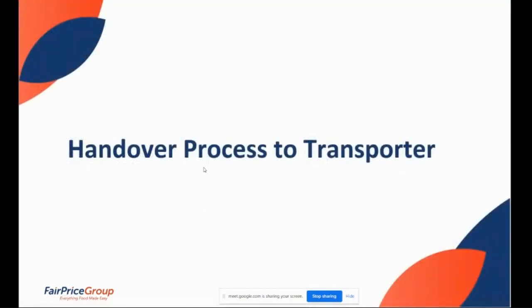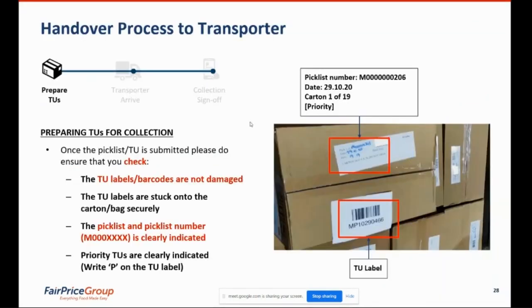So now I'll be talking briefly about the handover process to the transporters. So some things to take note of when you're preparing your TUs for collection. Do make sure that the TU labels and barcodes are not damaged. Do make sure they are stuck securely onto whatever carton or bag you are using.